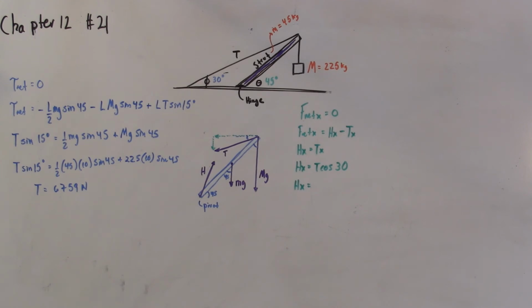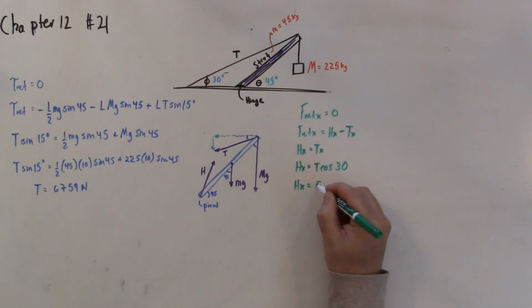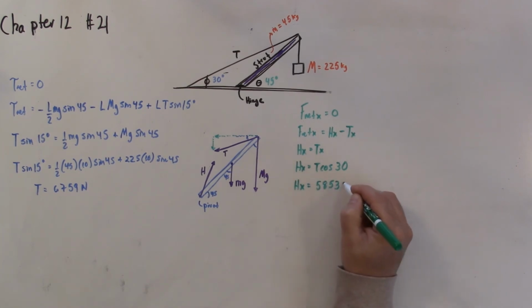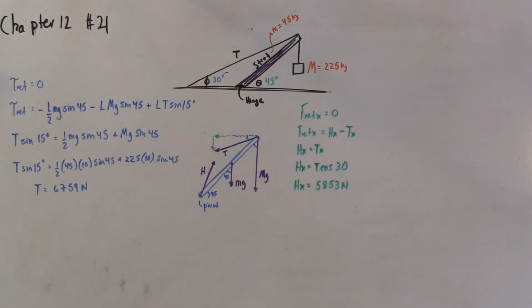Let me do it on my handy dandy calculator, 2 seconds. Okay, and I got 5,853 newtons for the horizontal.